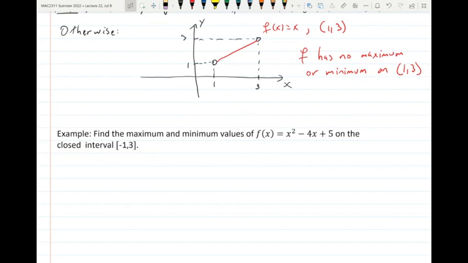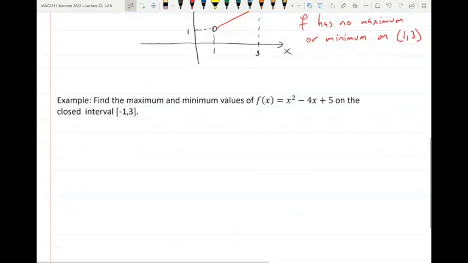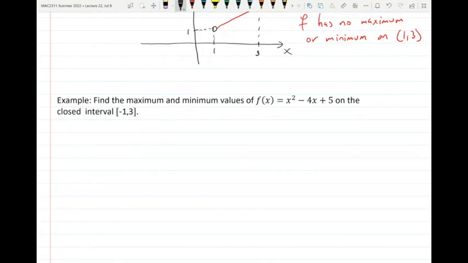So let's graph this function and answer this question visually, and from that we will be able to extract some ideas that will allow us to systematize the process of finding maximums and minimums on a closed interval. All right, so let's do this. Solution.